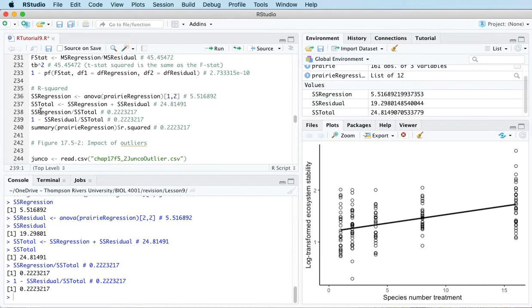So maybe let's look at this version of the equation now. The regression sum of squares divided by the total sum of squares. If my regression line was completely flat, then my regression sum of squares would be 0.